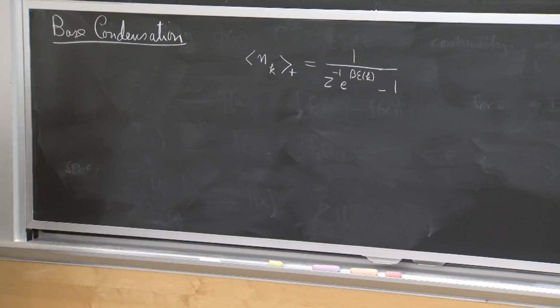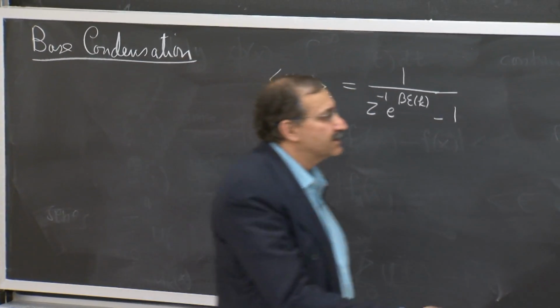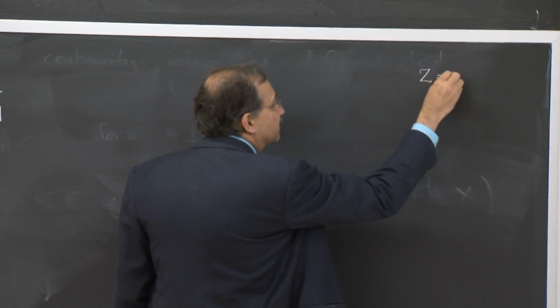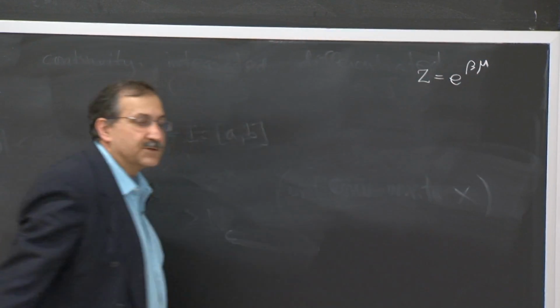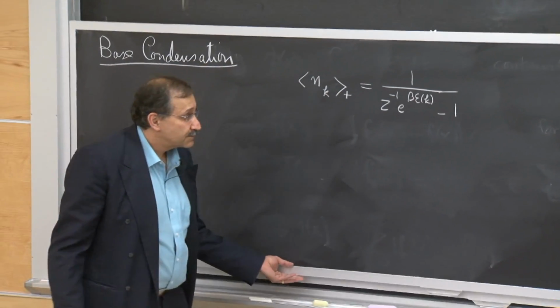Epsilon k being the one-particle state energy, and z standing for e to the beta mu, chemical potential divided by temperature. Okay?